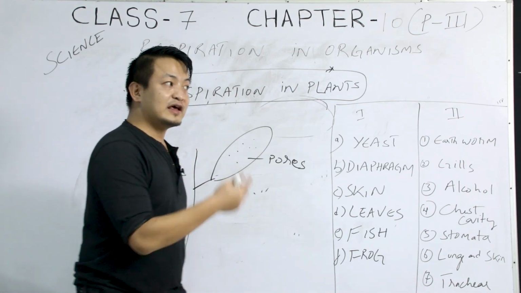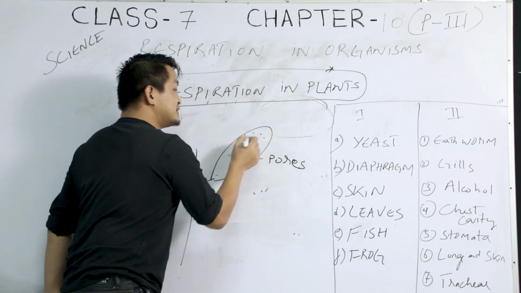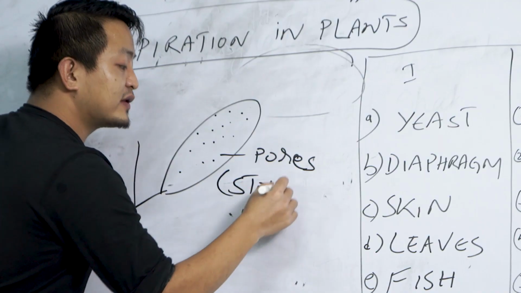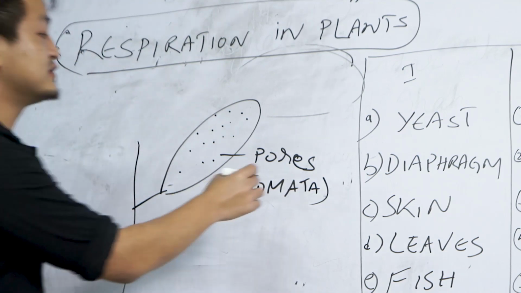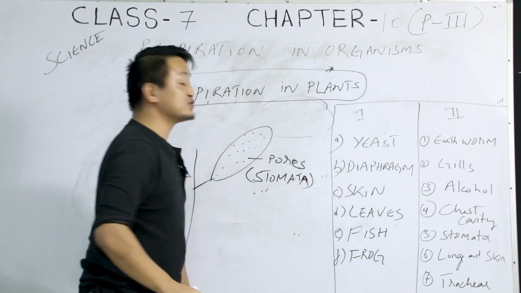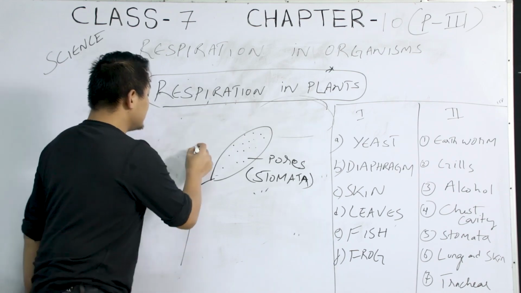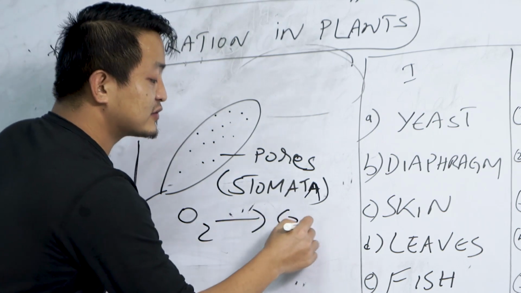Clear? Like we take in air through the nose, right? Same for plants: these pores, known as stomata, are the main reason for the exchange of gas in plants. Plants also take in oxygen and release carbon dioxide.